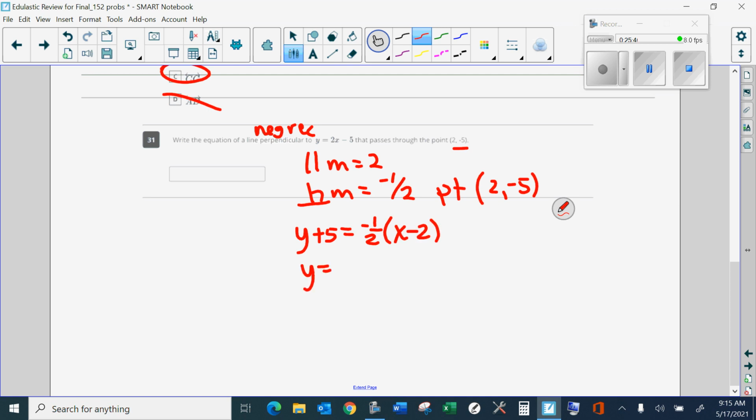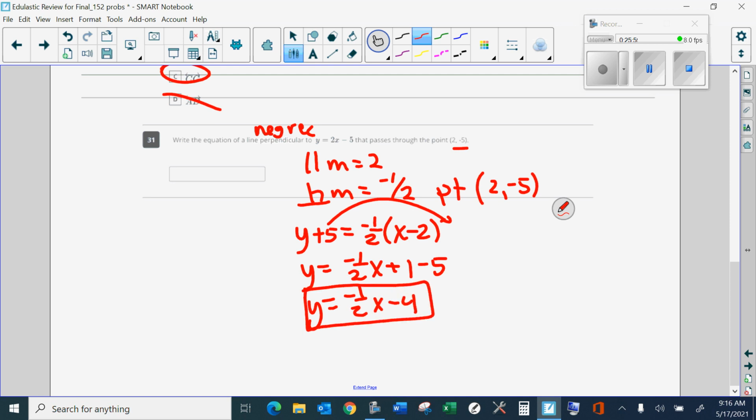Distribute: negative 1/2 x plus 1 minus 5. So subtracting that 5 across, negative 1/2 x minus 4. And you put it in parentheses like this.